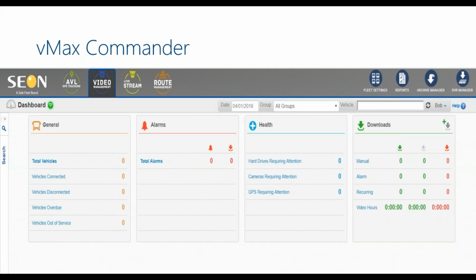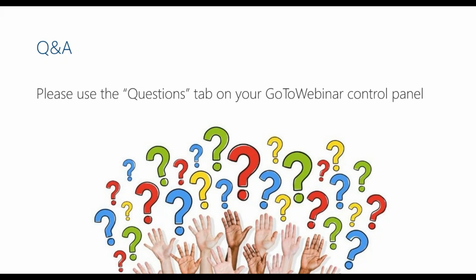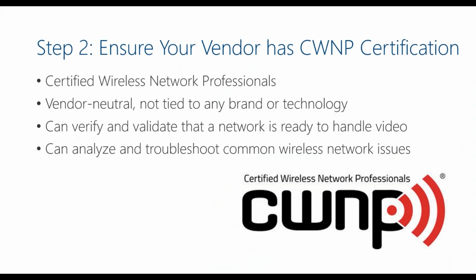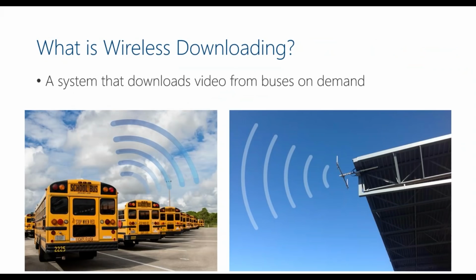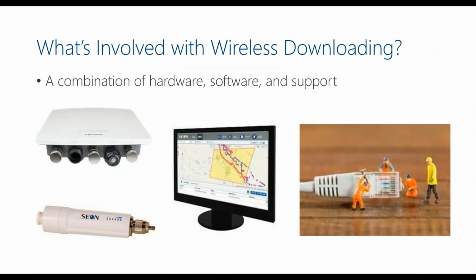Excellent. Thank you, Mr. Carter. Okay, so this is the end of our presentation, and looks like we have lots of time for Q&A. Before you do, while you put in your questions, let's just have a quick overview of what we saw here. So Bob showed you what wireless downloading is and the hardware and software and network support that it involves.